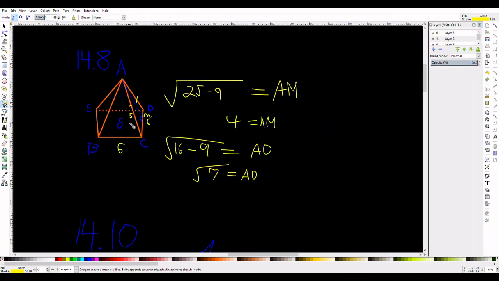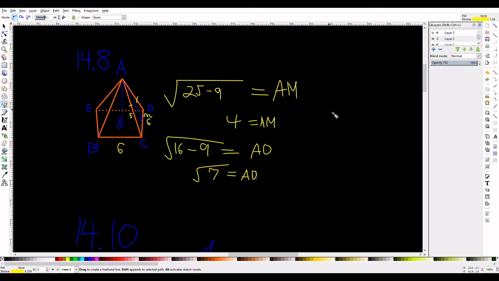Now let's set up the equation for the total surface area of this pyramid. So the surface area of each of the side faces is going to be 4 times the area of any of these triangles. All of these triangles are congruent.